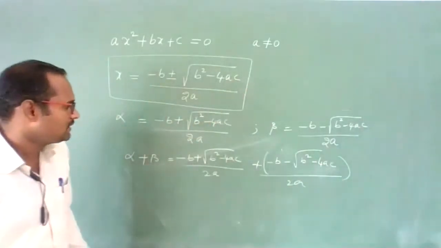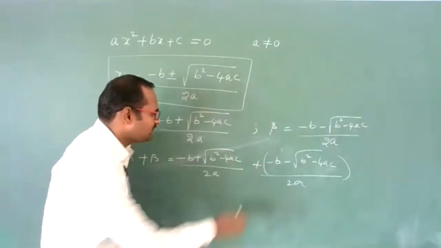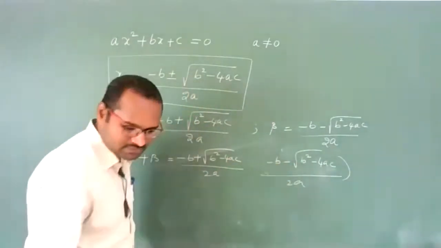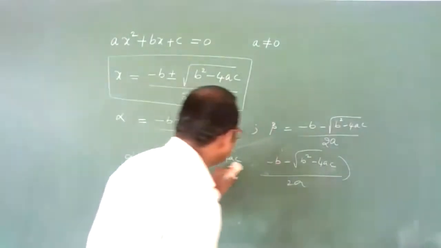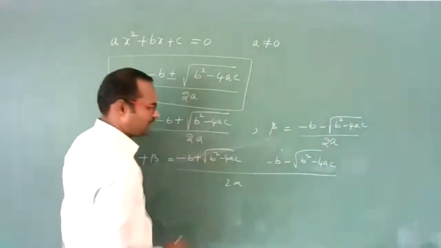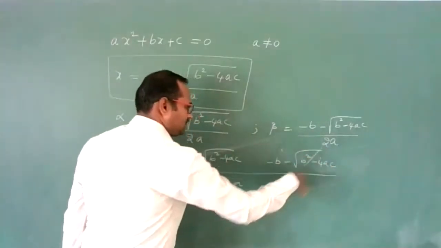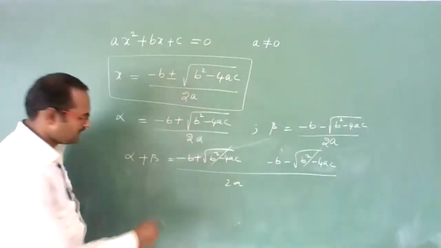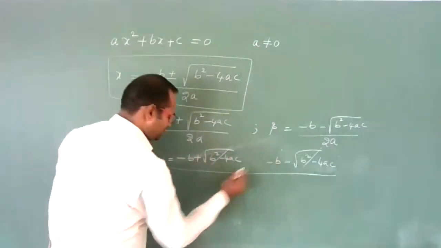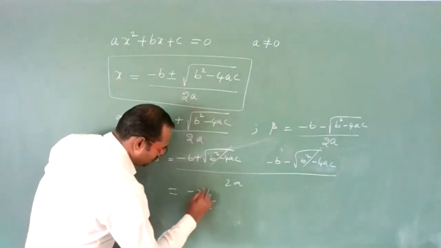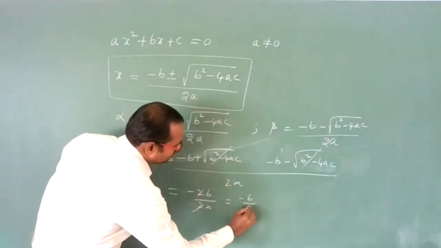If we add these two, plus and minus cancel, and here also minus. So 2a is common for both, so you can write minus b and minus b, that is minus 2b by 2a.